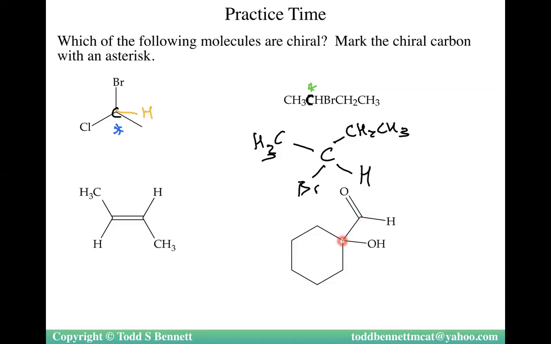But this carbon right here has one side of the ring, other side of the ring, this aldehyde group and this OH. But if you'll notice, this side of the ring, so 1, 2, 3 to get to that point, 1, 2, 3 to get to that point, loops around. This has a mirror plane. The 2 sides of the ring are equal. So there is 1 unique thing, 2 unique things, but only 3. So no chiral center.